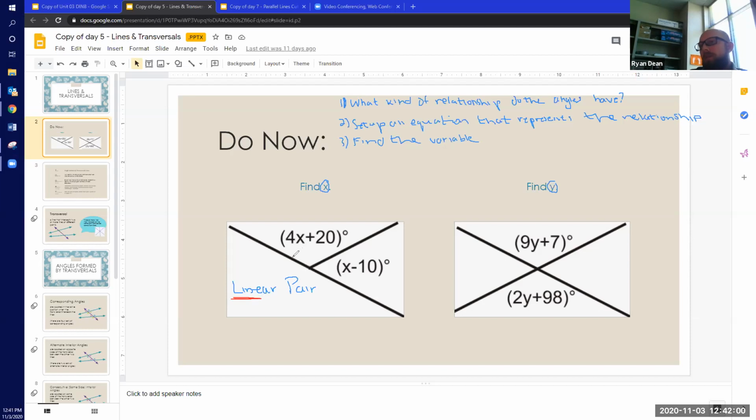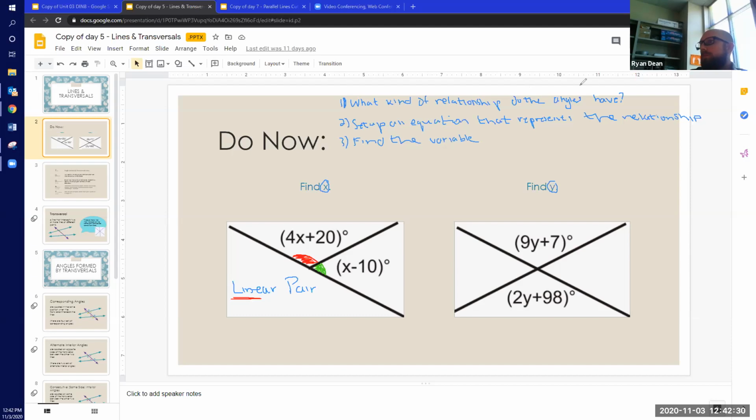So when I add the 4x plus 20, this red piece here, with the x minus 10, that gives me this straight line. That's what we're looking for with the linear pair. You can think of it as adding or just combining the two angles together. So a linear pair makes a straight line.